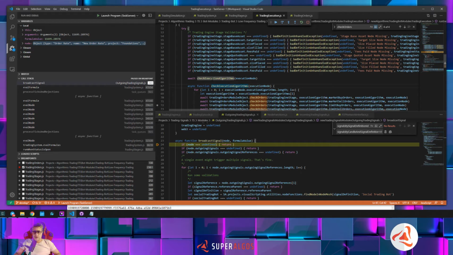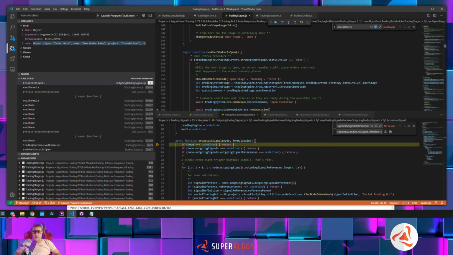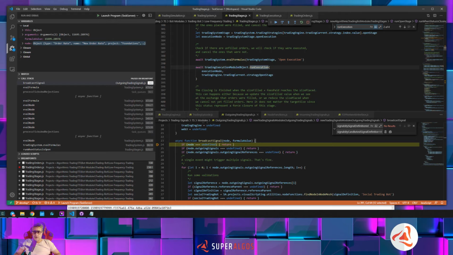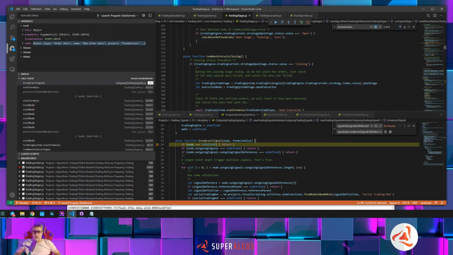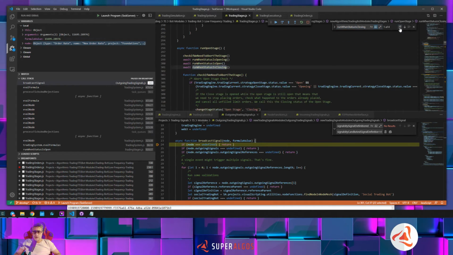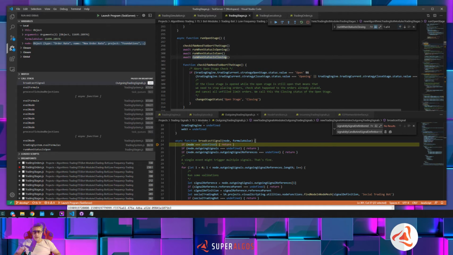And this function is awaited, and run execution is awaited. And it's there, there, and there. And this is awaited.